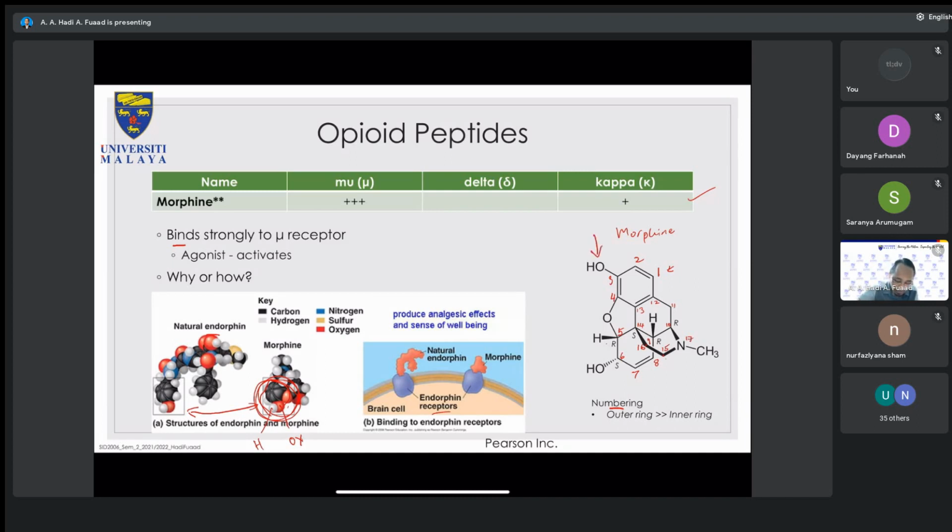And then you can also see here there are multiple stereocenters. Okay, so there are 5 stereocenters specifically. So you have 5R, 6S, 9R, 13S, 14R. These are the stereochemistry of morphine.